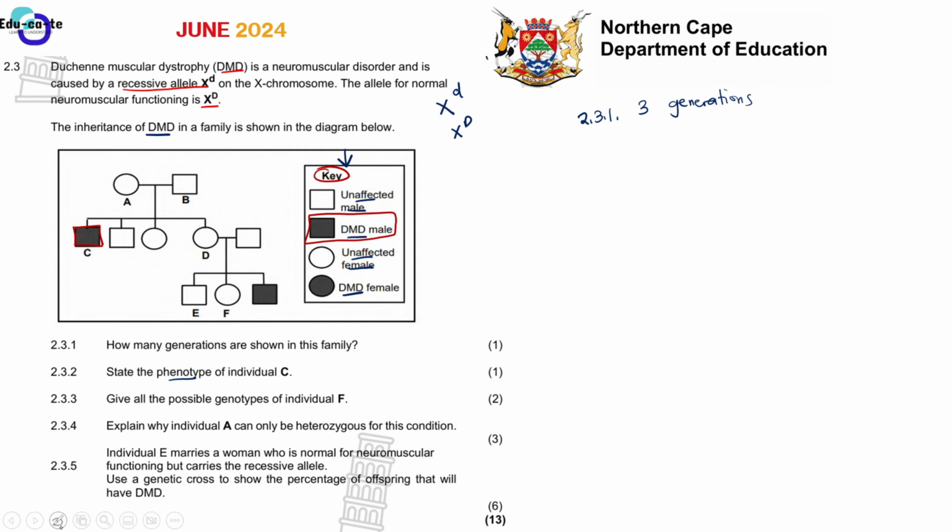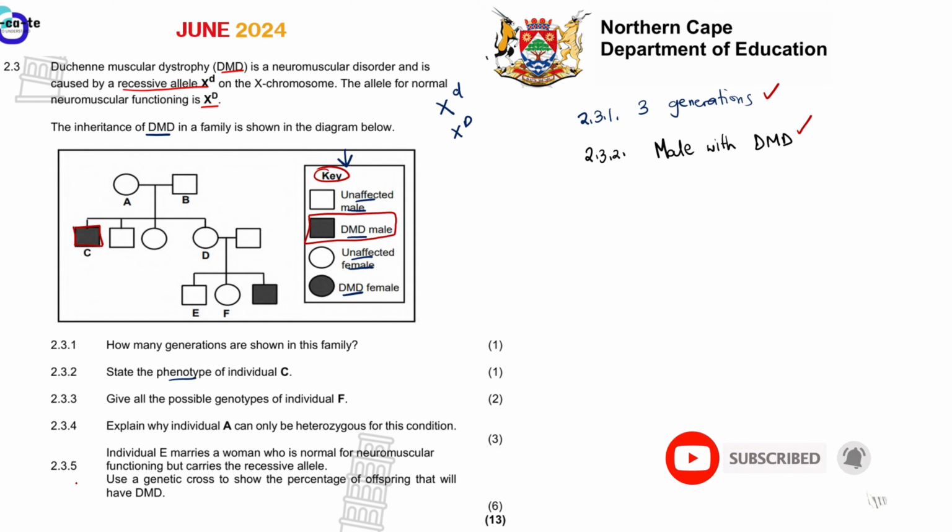So for 2.3.2, the phenotype for individual C is a male that is affected, or male with DMD, male that is having Duchenne muscular dystrophy. And that's going to give you 1 mark as well. So this is 1, this is 1.